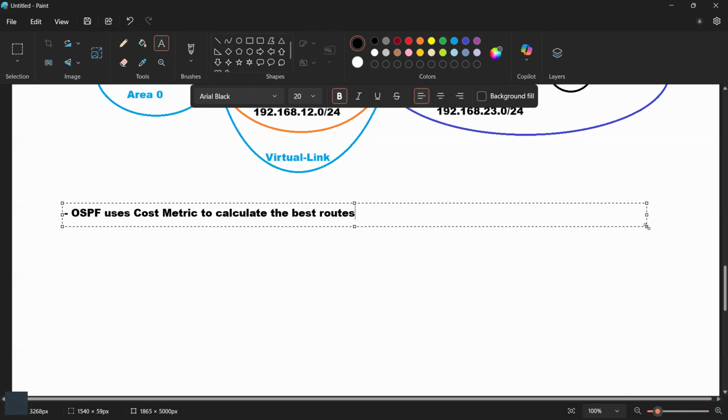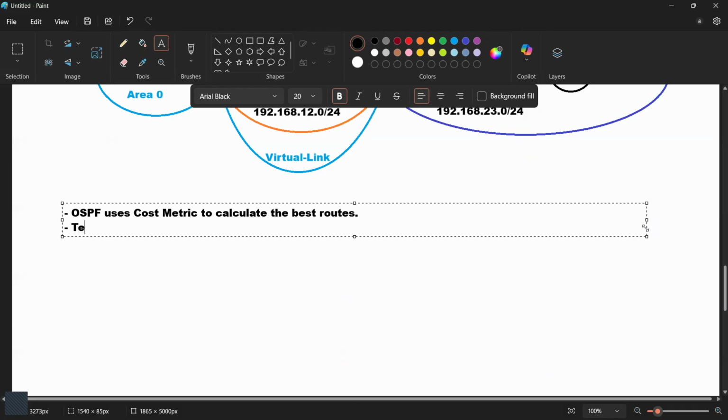As many as you want. No limitation. Okay. Now, the cost metric depends on bandwidth.